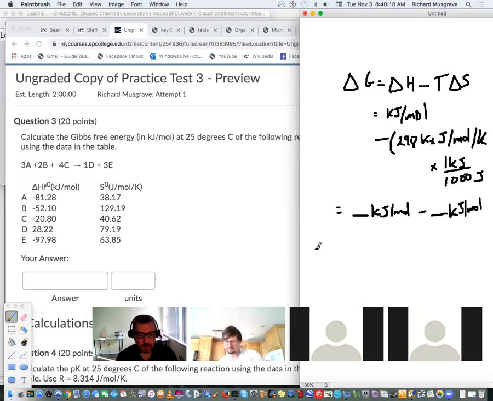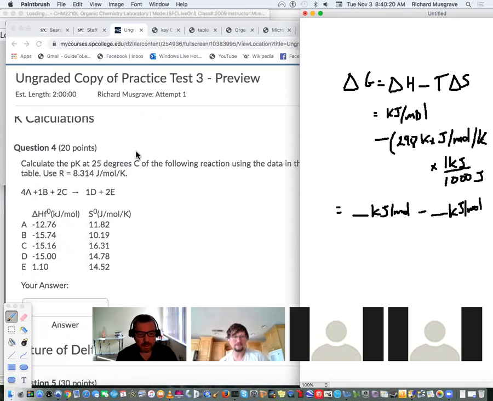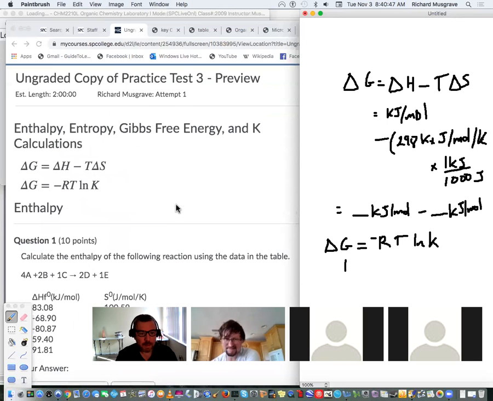The next one is K, which in turn is again based on the delta G. So this is something you have to be a little bit careful of. So delta G is equal to negative RT ln of K. Now this is actually looking for pK, so that's important too. So if we want to isolate K, and you might be wondering, well, how do you know the equation? I actually give it to you, I think up here. There it is.